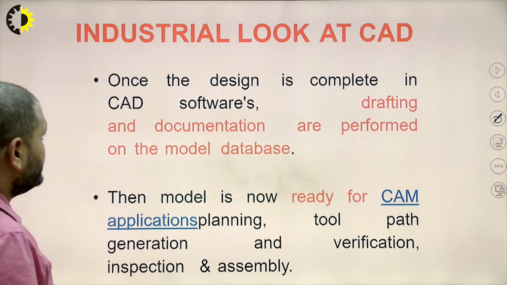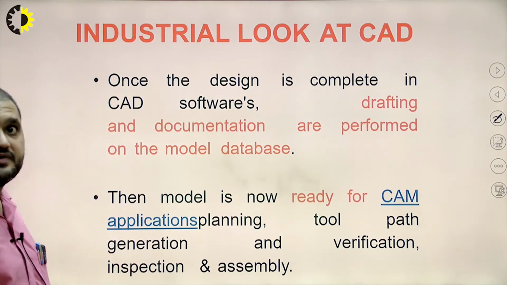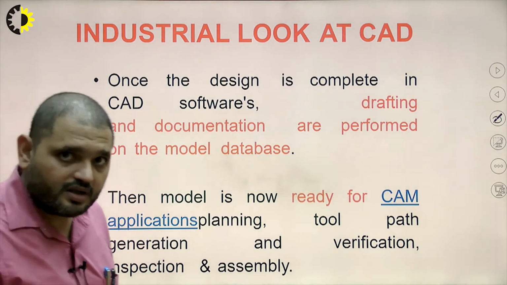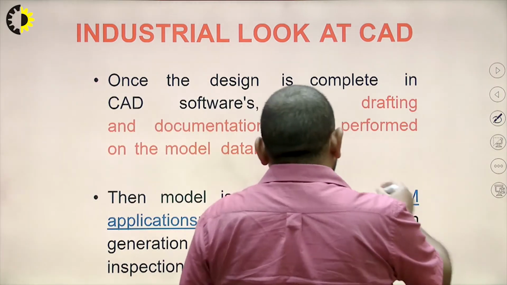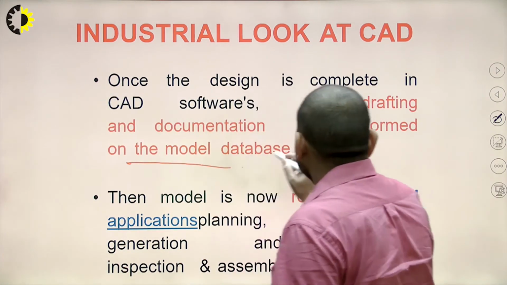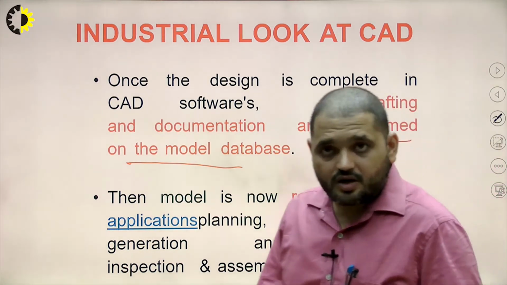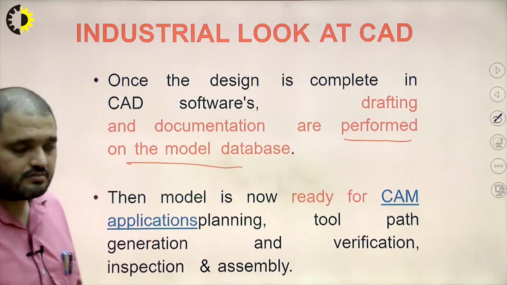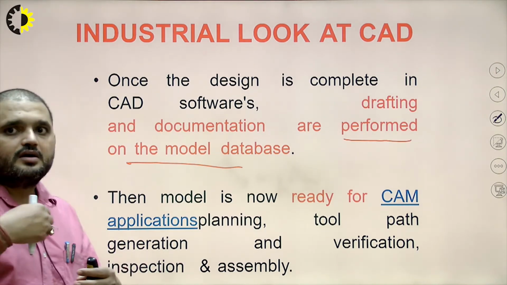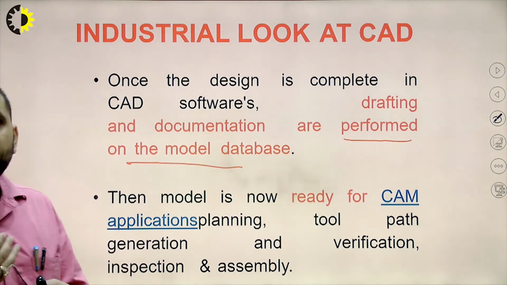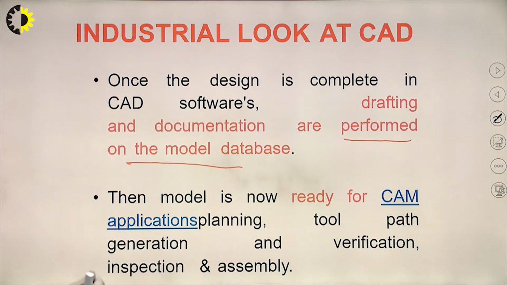Once the design is complete in the CAD software, drafting and documentation are performed on the model database. Once the documentation is done, the model is ready for CAM application. This means the model will be sent for the manufacturing of the product to the machines, or to the computer attached to the machine.